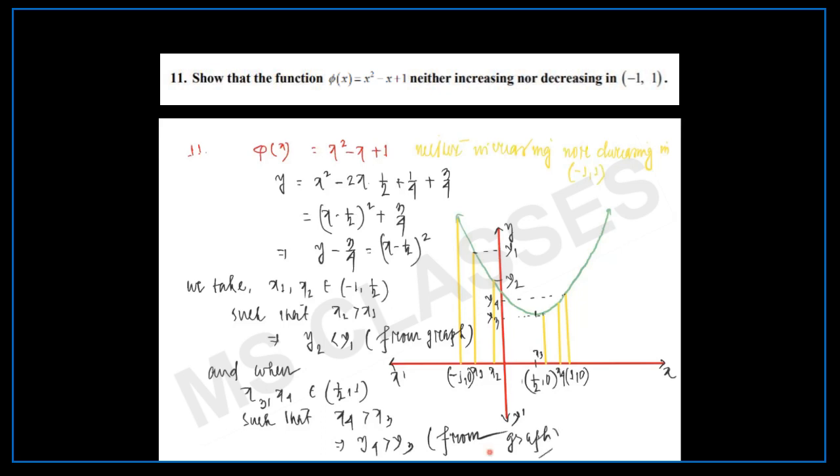Now, from the first part, it seems that the function is decreasing. And from the second part, the function is increasing.